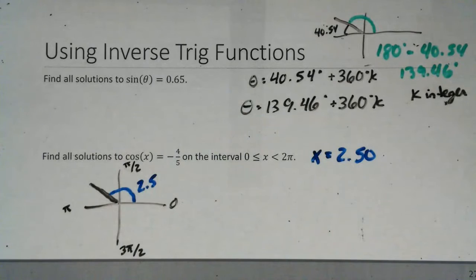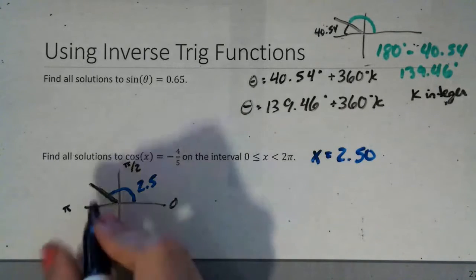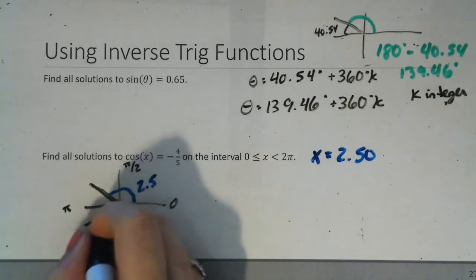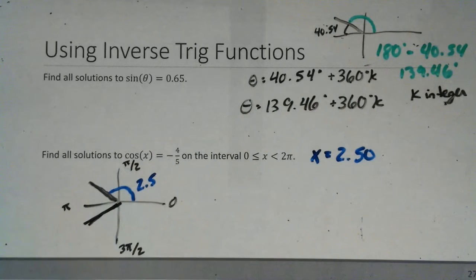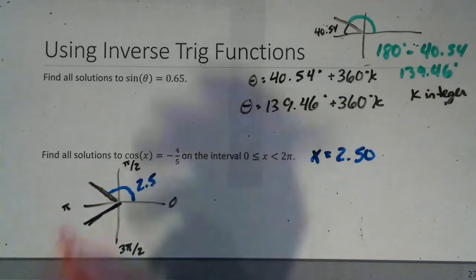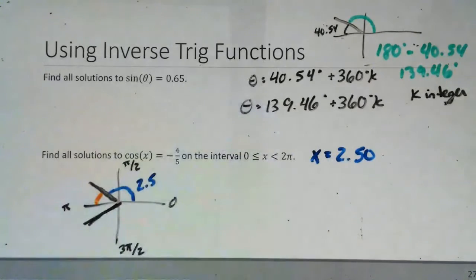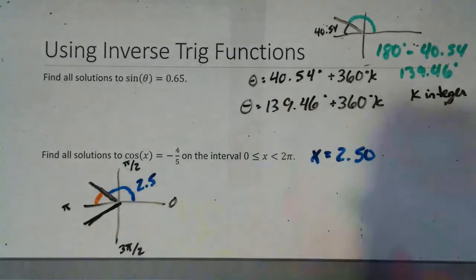The problem is I need to find my angle in quadrant 3 as well. So how would I go about finding that? We know we have to have the same reference angle as before, but I don't know my reference angle yet, because my reference angle is this guy. So let's start by finding that.